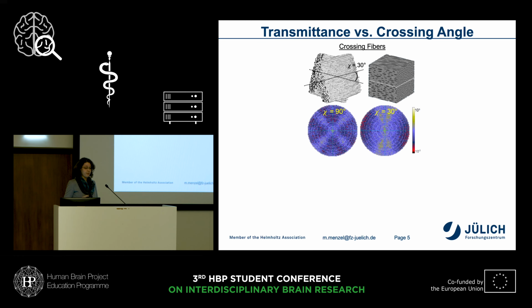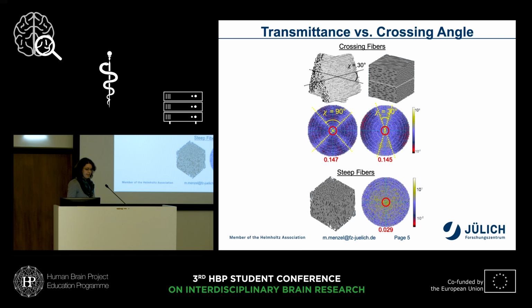Then I also had a look at crossing fiber bundles, and you see that the scattering pattern shows the underlying crossing angle, and the transmittance does not depend on the crossing angle of the fibers, and as I said before, it's much larger than the transmittance for the steep fibers.